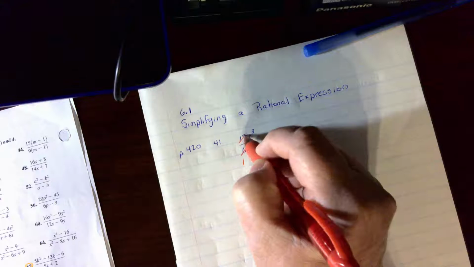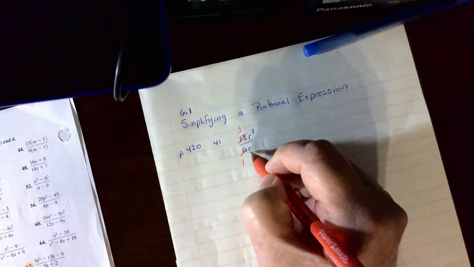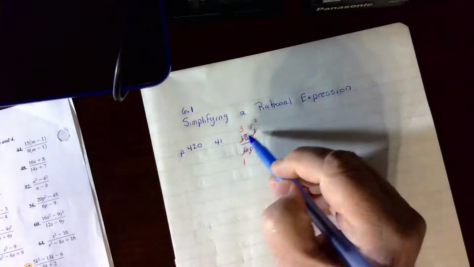So I can say 6 will divide into 6 one time, and 6 will divide into 18 3 times. And this r, which is an r to the first, I subtract the exponents. So that's going to give me an r squared in the numerator. So in the numerator I have 3r squared. The denominator is just a 1, so I don't need to write that. So that's my final answer.